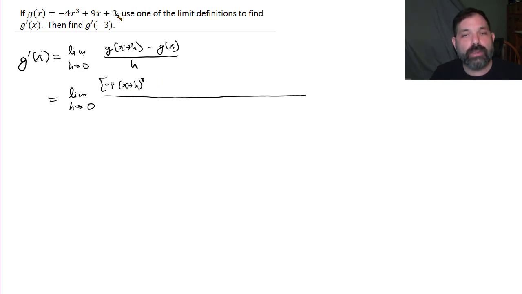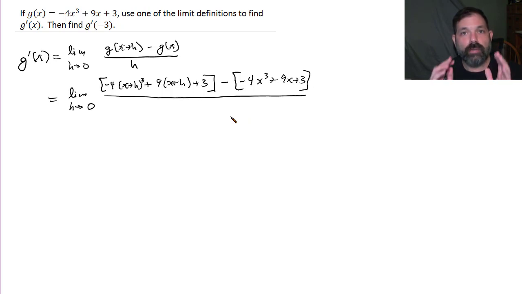Everywhere that I see an x in the function, first I'm replacing it with an x plus h. Negative 4 times x plus h cubed plus 9 times x plus h plus 3. There's the first term. Minus g of x. I'm just copying down the function. Notice how I'm using brackets to separate the g of x plus h and the g of x, all over h.